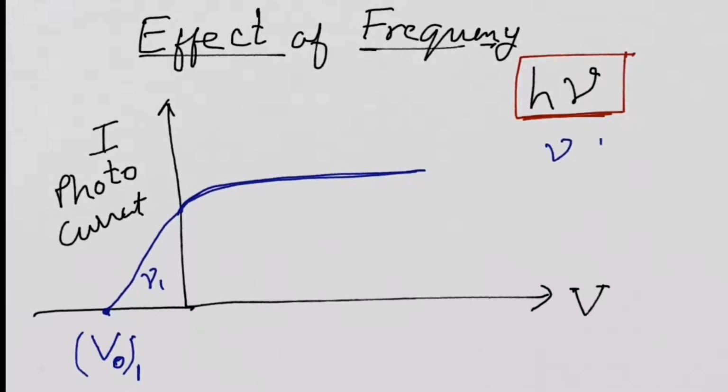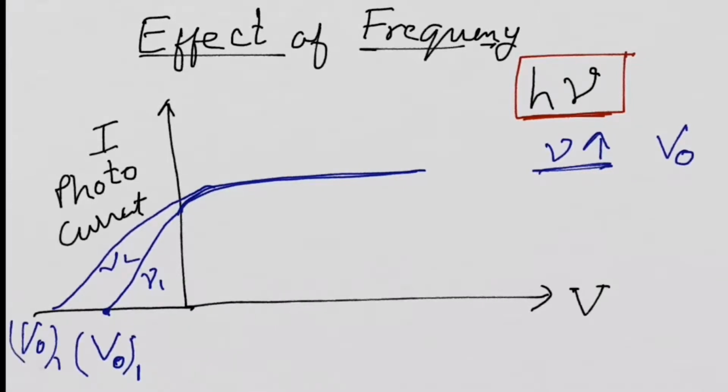Now we are increasing the frequency nu, and we observe that more stopping potential is required to stop the electrons. Hence for a different frequency, we will have a different stopping potential. Nu1 is less than nu2. It means the increase of frequency increases the maximum kinetic energy of photoelectrons, but the photoelectric current remains unchanged.